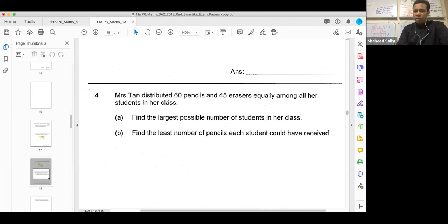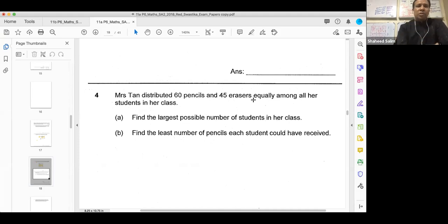Mrs. Tan is the teacher. She gave out 60 pencils and 45 erasers equally, everyone got the same amount. And after giving all the 60 pencils, there's no remainder. That means 60 can be divided by the number of students in the class. It can be 1. The least is 1.